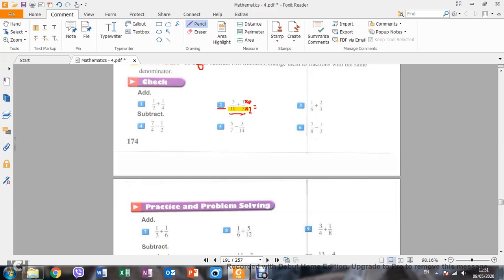So put down the first fraction, because we changed the denominator to 10. 3/10 plus 1 times 2 is 2, and 2 times 5 is 10. Now we have changed the first step, you should write it like this. The second step, you should add.